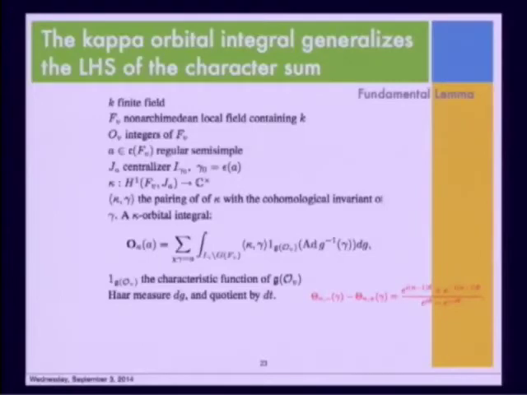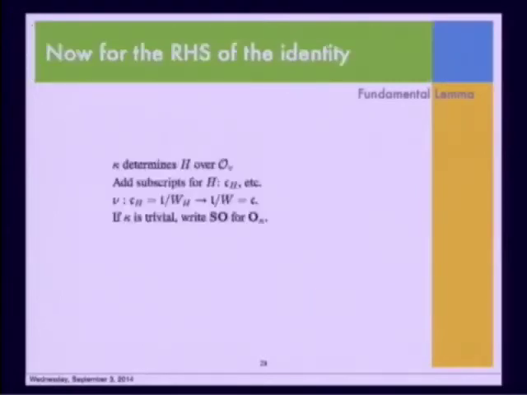So that's the strategy. And so here, when I write SO, instead of O sub kappa, I just mean all of the signs are positive. So we're taking kappa to be the trivial character. And so that's the linear combination that we're going to have on the endoscopic side, on the smaller group.